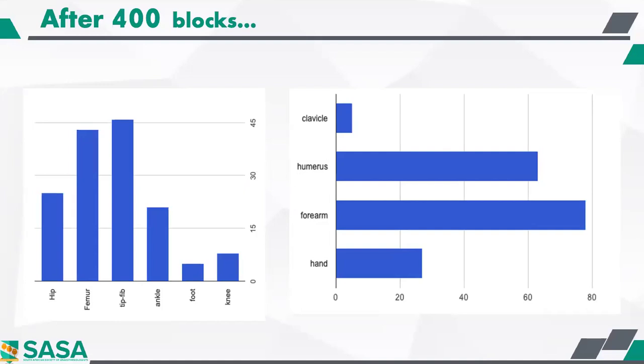In the upper limb, most had forearm injuries, and in the lower limb, most had tib fib fractures.